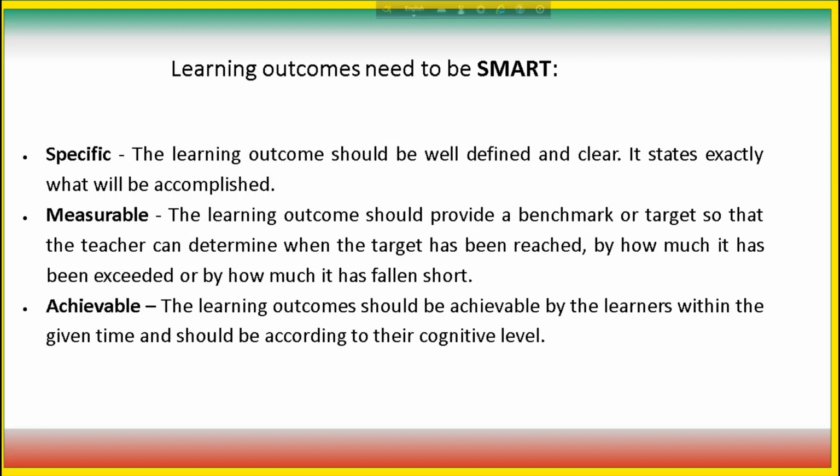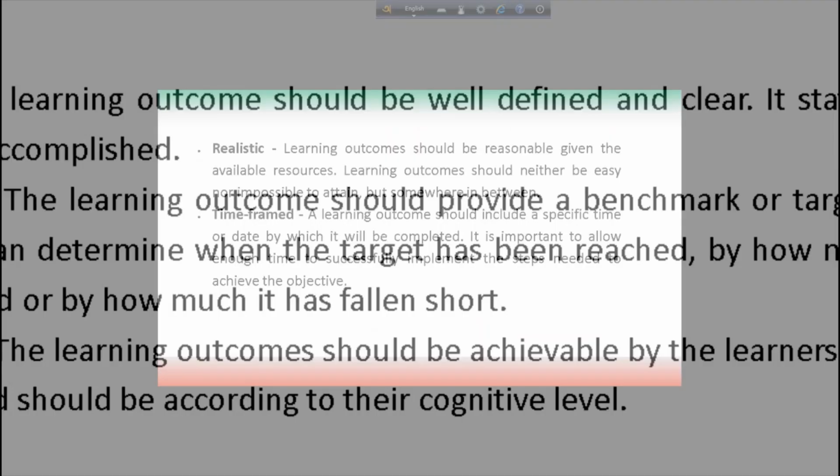The learning outcome should provide a benchmark or target so that the teacher can determine whether the target has been reached, by how much it has been exceeded or by how much it has fallen short. Okay, achievable. A for achievable. The learning outcomes should be achieved by the learners within the given time and should be according to their cognitive level. So we can say S for specific, M for measurable, and A for achievable, and also R.